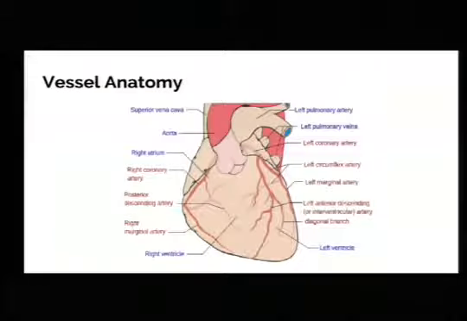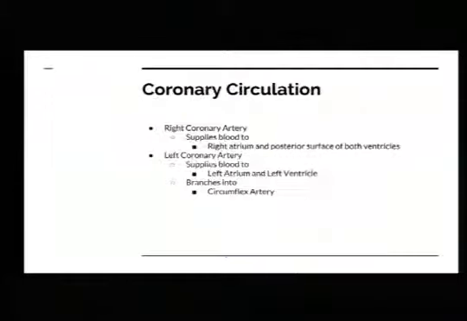So, vessel anatomy. This is in the majority of people. Lots of people have weird offtakes and more main or more dominant left or right. But just kind of looking, here's your LAD and your right coronary, and your branches off come your circumflex, and then your left main coronary. So just kind of a view of what vessels, so you can have a visual when you're seeing your 12 lead.